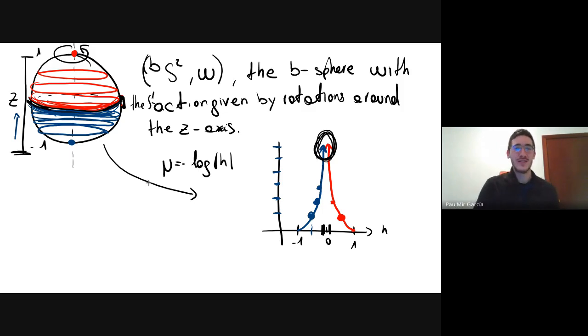What can we do to avoid this problem of infinities? The idea of painting it in blue and red is to count the integer points at the North Pole with a sign, and at the South Pole with the opposite sign.